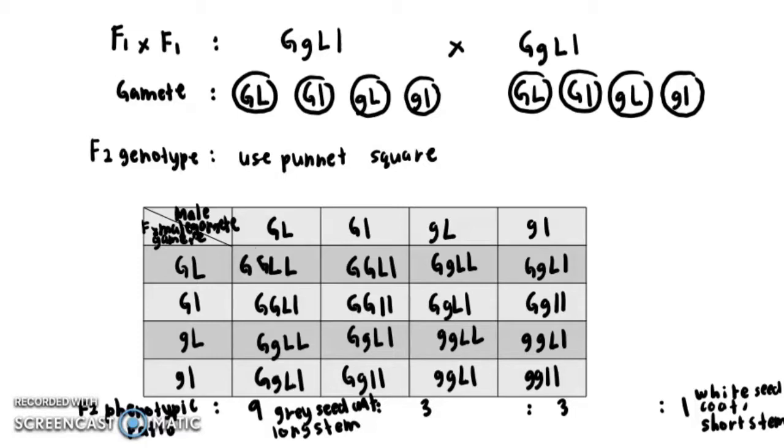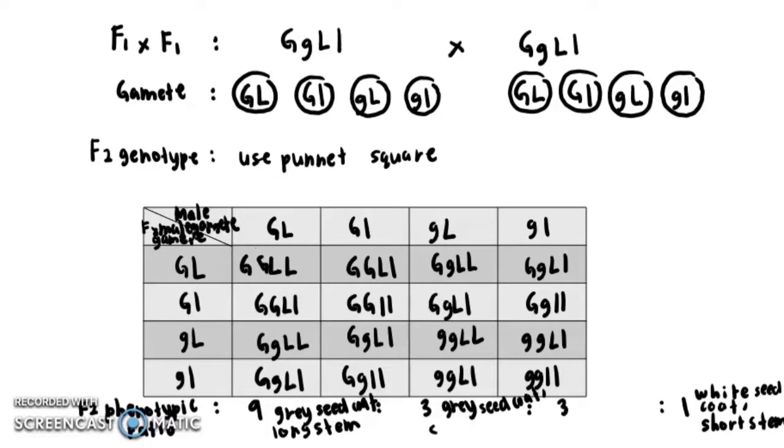And then 3 and 3 means that it is recombinant. Recombinant means it will get both phenotypes from the parents. So for the first one, the 3 here will have the dominant phenotype, which is the seed coat color, grey seed coat, while the stem is recessive.